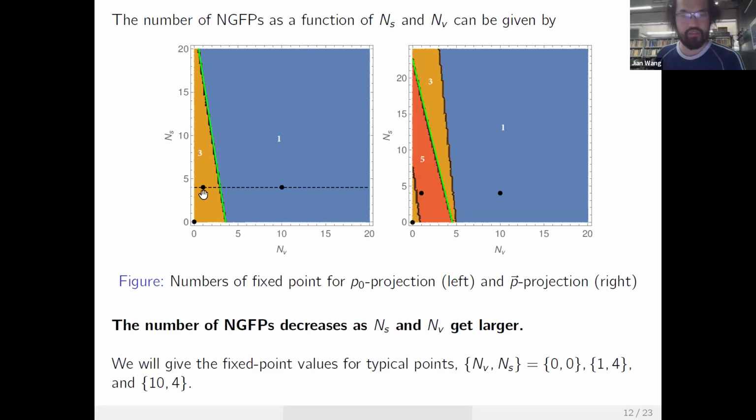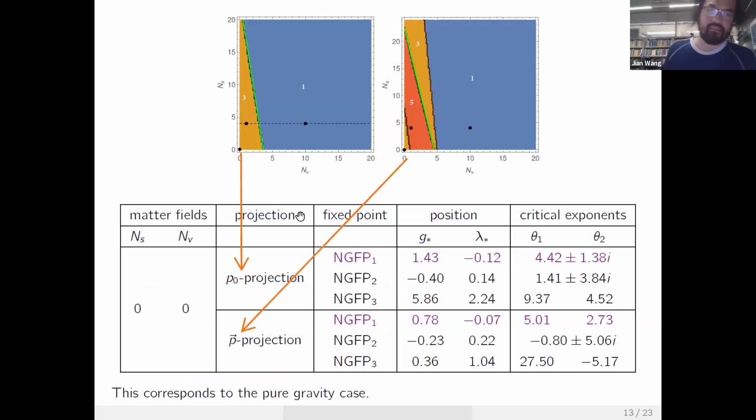Then I will increase the number of the fields to 4 scalar fields and 1 vector field, and give the result for the phase points. And then I will also increase the number of the scalar fields and the vector fields to 10, and give the corresponding phase point structure. So first, let's look at the pure gravity case.